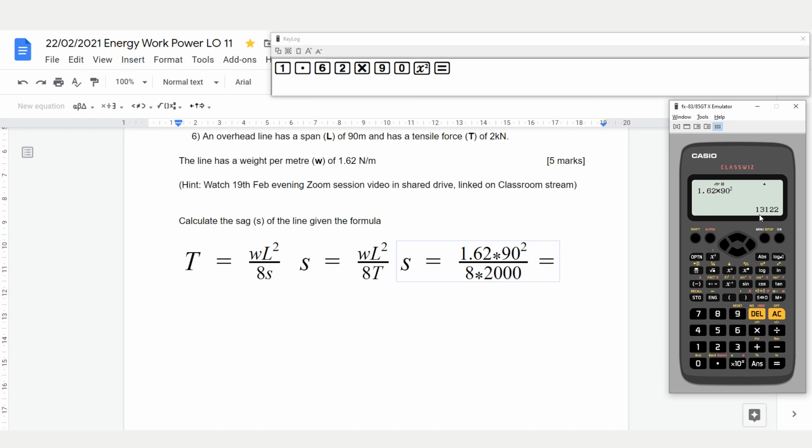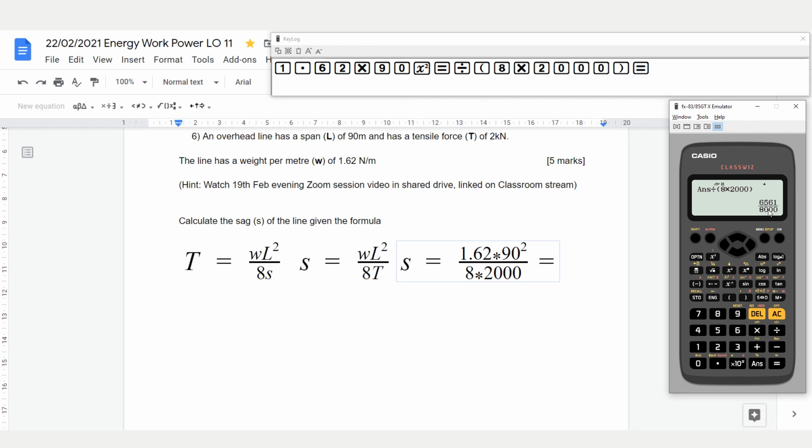So the numerator is 13,122, and that's going to be divided by, and I know that 8 times 2,000 is 16,000, but if they were harder numbers, I would do divided by, and then I'd put them in a bracket. 8 times 2,000. Close the bracket off.